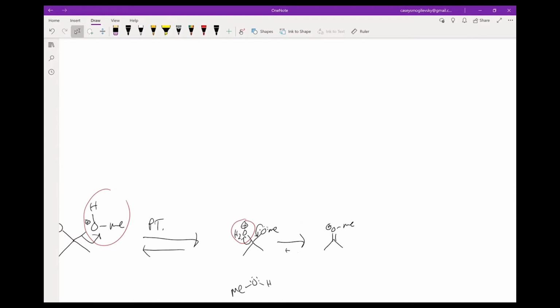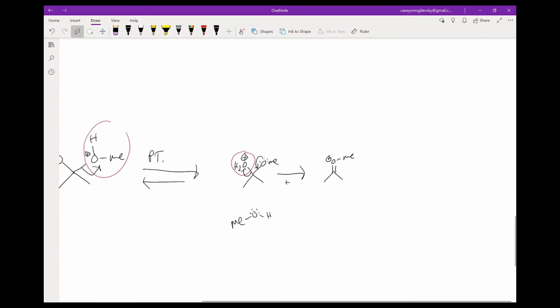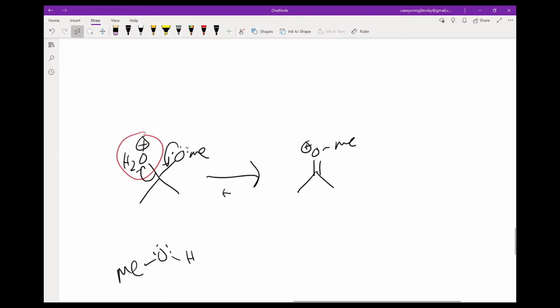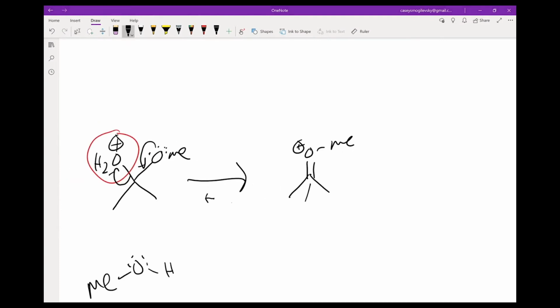Okay, so then what do we do with this? Well, this is also very similarly very electrophilic. Okay, and then we have more methanol.